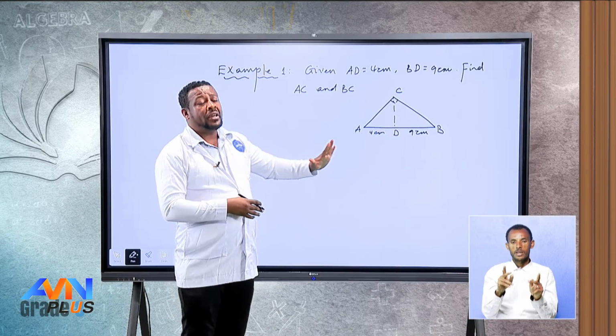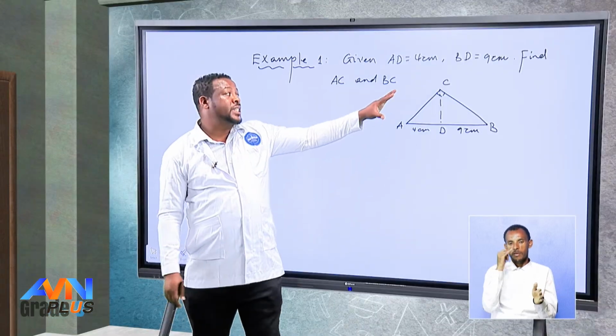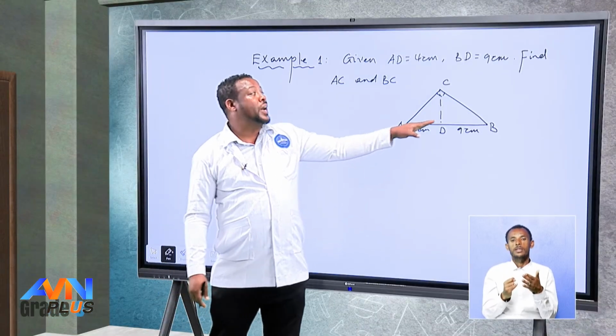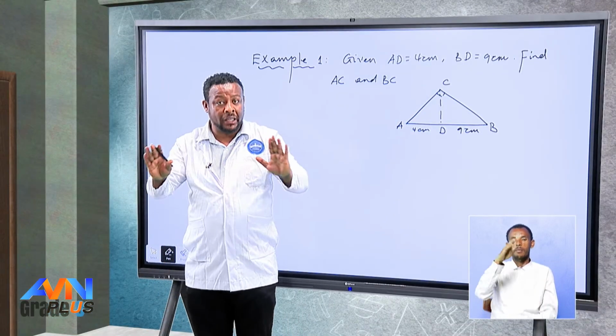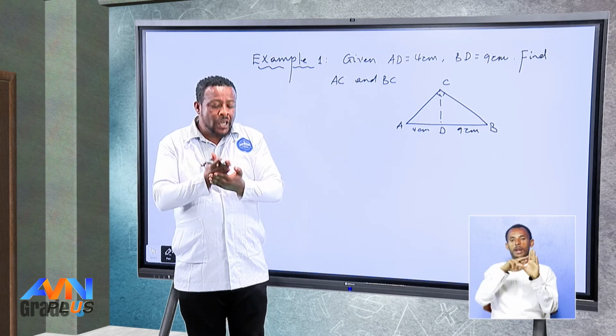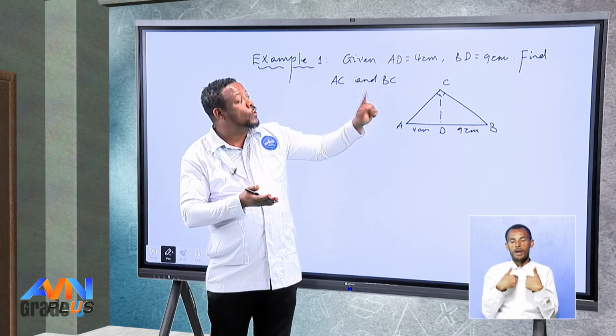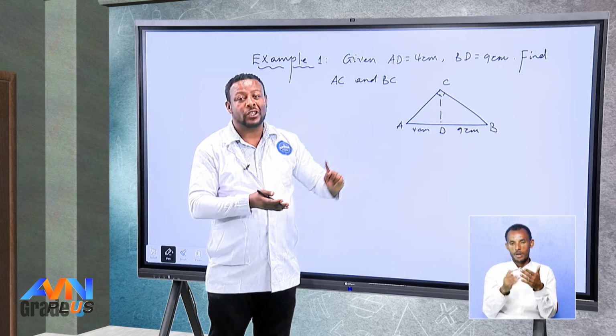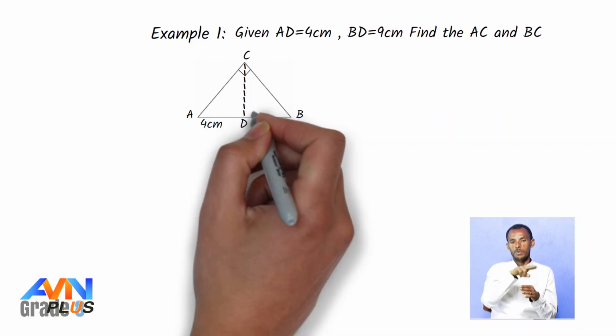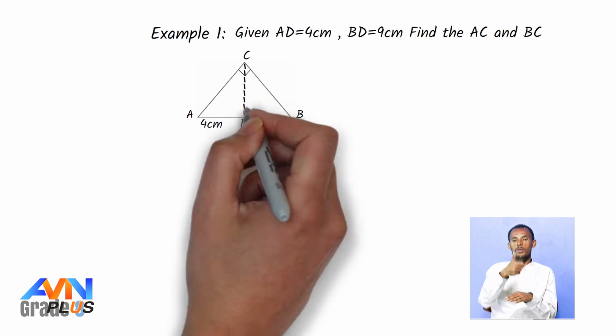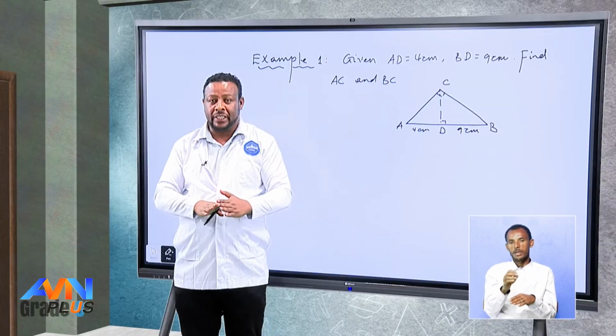Okay, clearly, if you see this figure, the bigger triangle ABC is a right angle triangle, and we have an altitude drawn from the 90 degree to the hypotenuse.